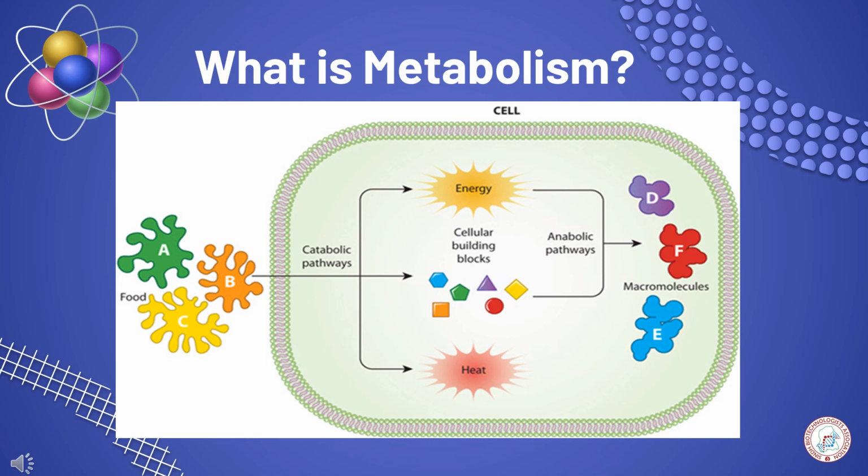Then all these monomeric units combine together to form macromolecules according to the body's requirement for growth or other cellular pathways that are essential for our body. So catabolism and anabolism are collectively known as metabolism.